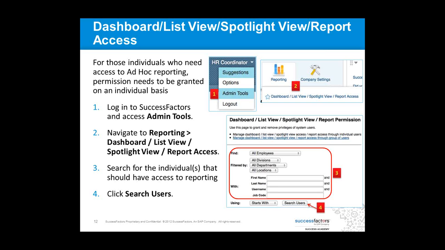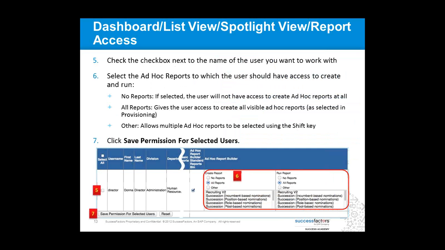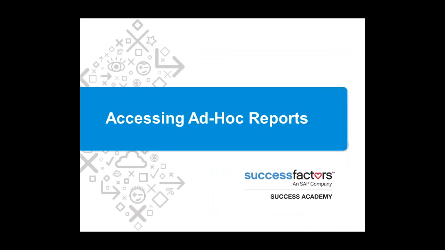For the permissions, you need to log into admin tools on the instance and then go into reporting, and then you can enter the first name, last name, or username depending on the division, department, or location, and search for the user and then grant the access for that user. For all the reports you want, or any specific report, you can give the access.